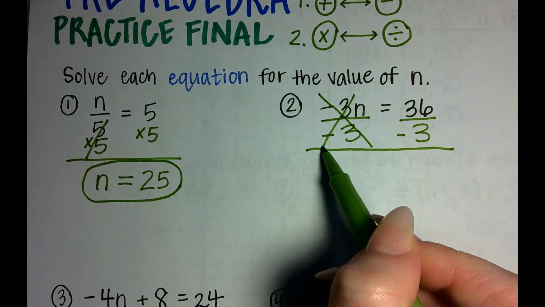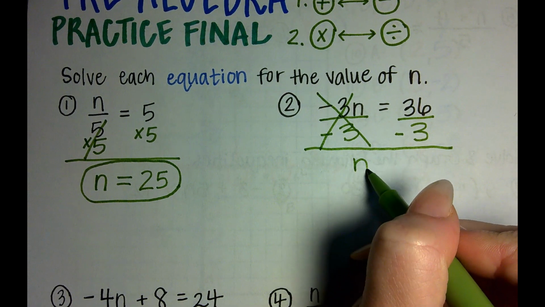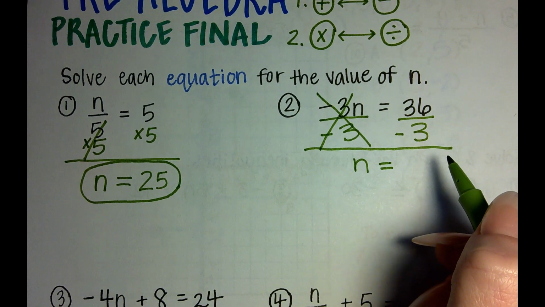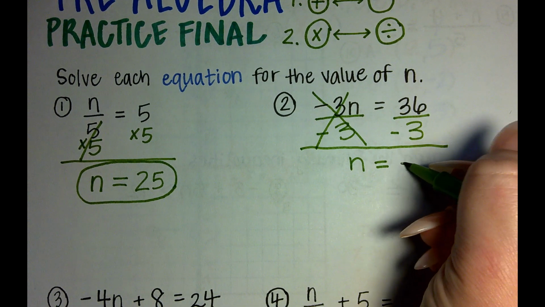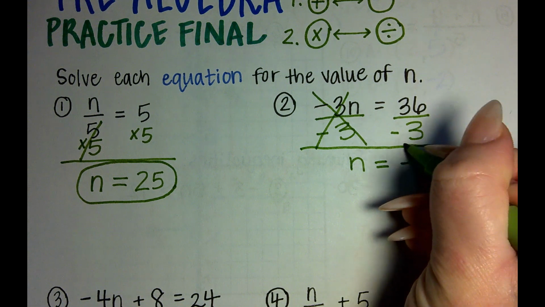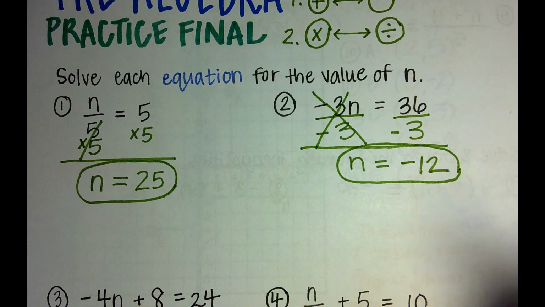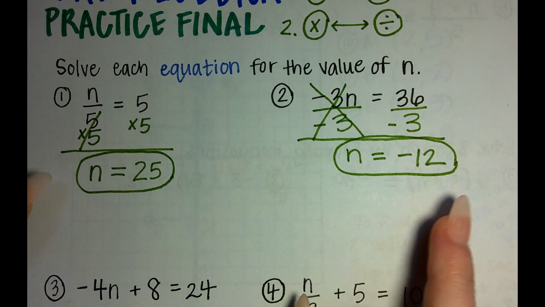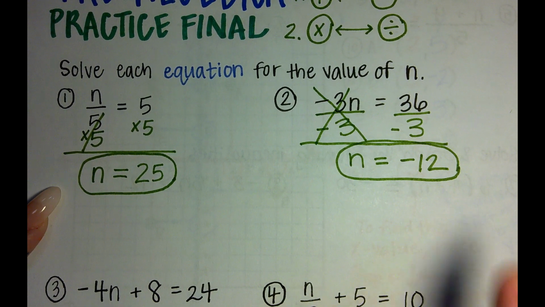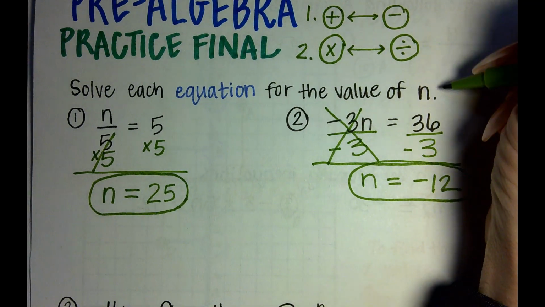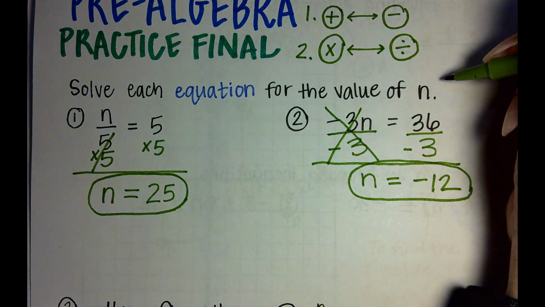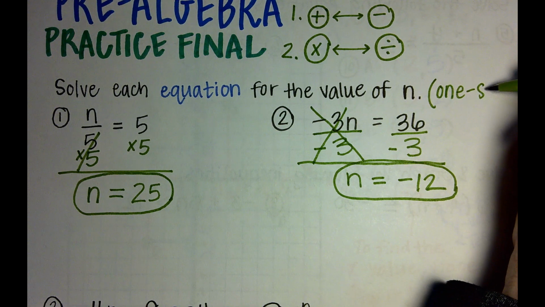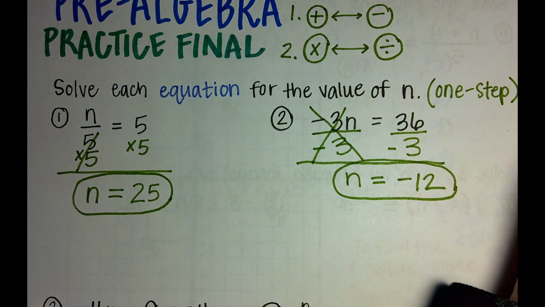My 3's cancel. n equals negative 12. Good. So these were 2 one-step equations. We just had to do one operation there and we had our answer. So if you're somebody that likes to label things, I guess you could put to the side that these are one step. It will be just like this on the final.